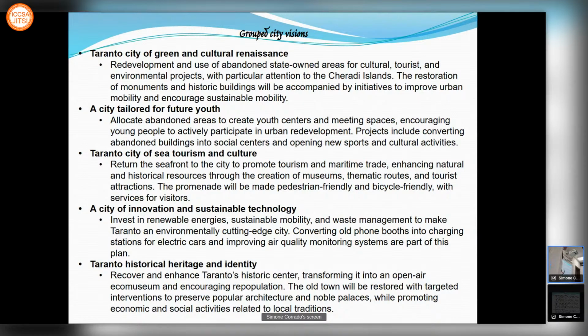So in the end, we thought that using an LLM, a large language model approach, we could try to take advantage of this kind of schematic approach.